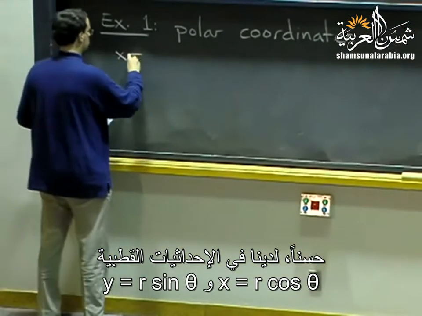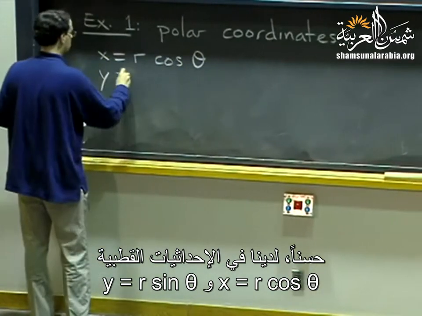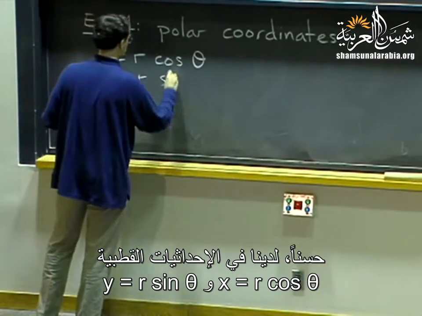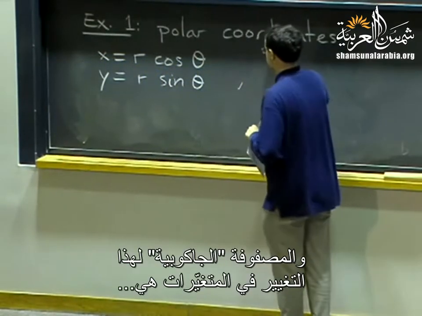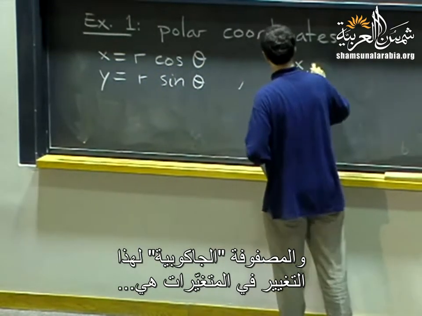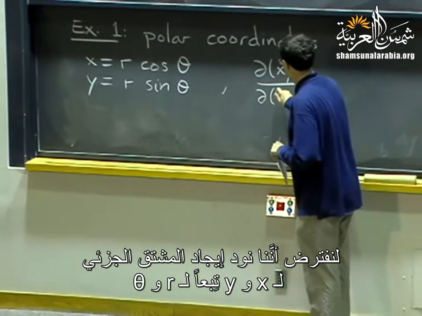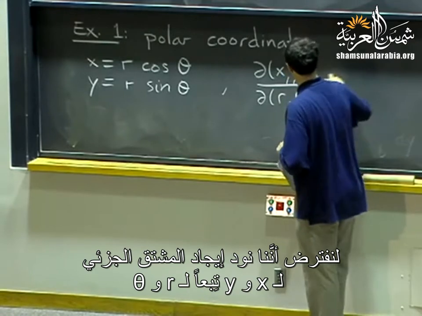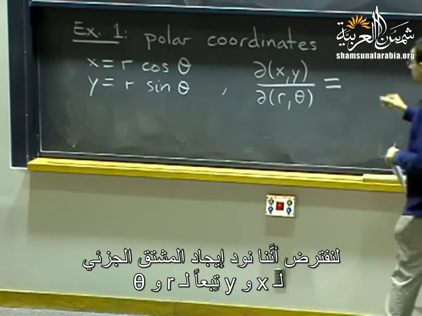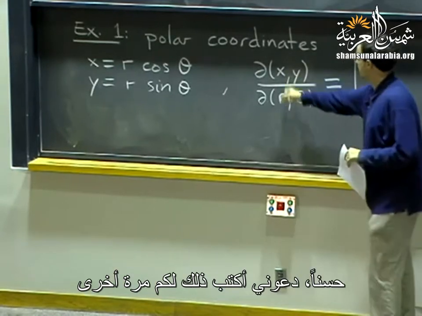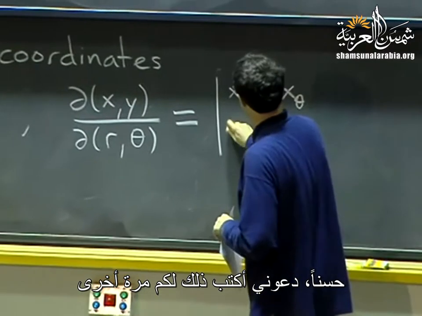So in polar coordinates, I'm setting x equals r cosine theta, y equals r sine theta. So the Jacobian for this change of variables: I'm trying to find the partial derivatives of x, y with respect to r, theta. Let me write them here again, just for you.